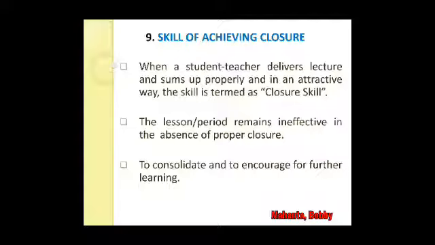And the second way is that a teacher, having discussed the day's lesson, needs to keep some time. Okay, this is very important. Listen very carefully.